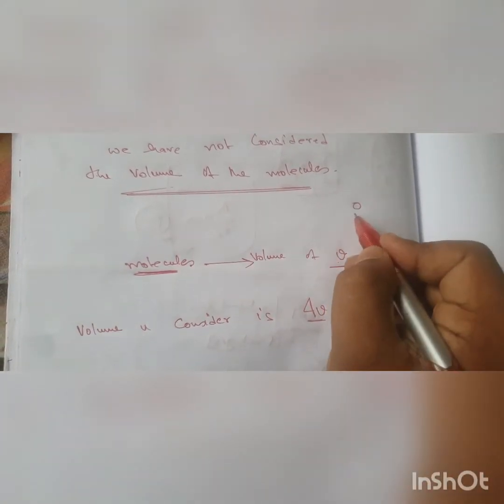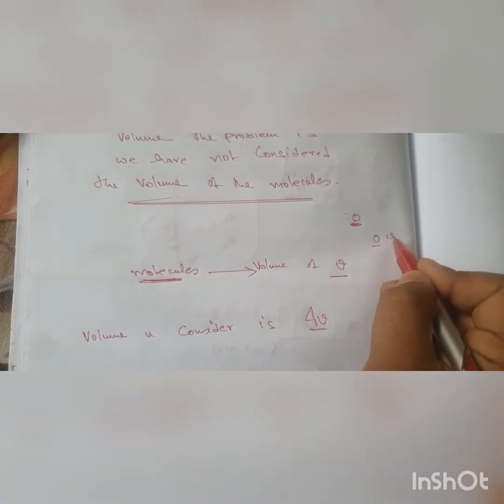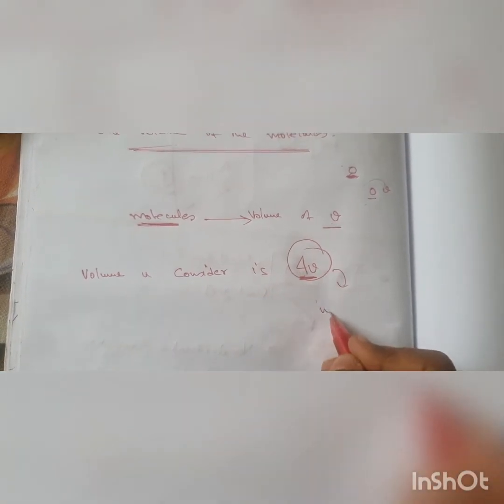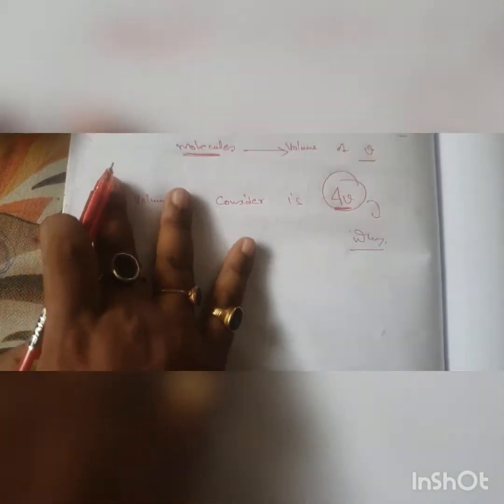It becomes 4 times the original volume when it is in static condition. When it is static, the volume is v; when it is moving in a gas, it moves randomly, so the volume is considered to be 4v, 4 times v. Now you can ask me why 4v? Why not 5v? Why not 6v? Why not 1.5v? This you can basically ask your mathematics teacher also, but okay, fine, I'll try to explain.